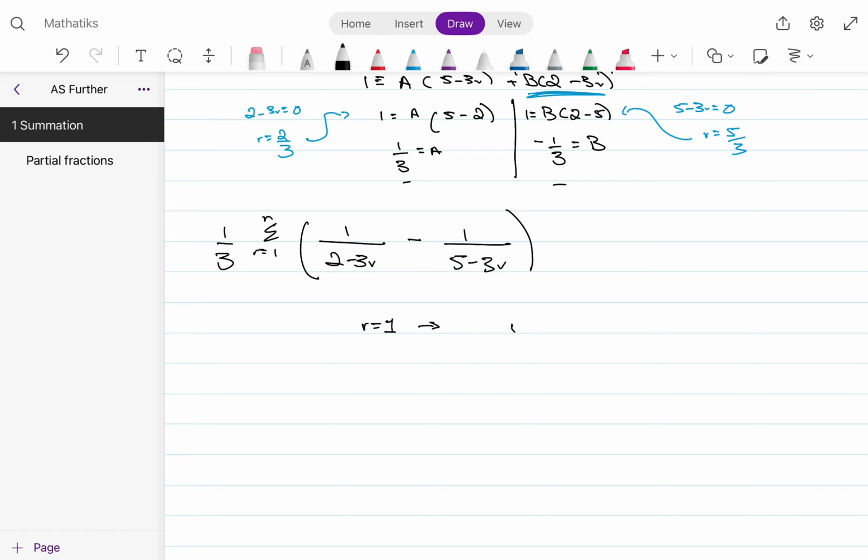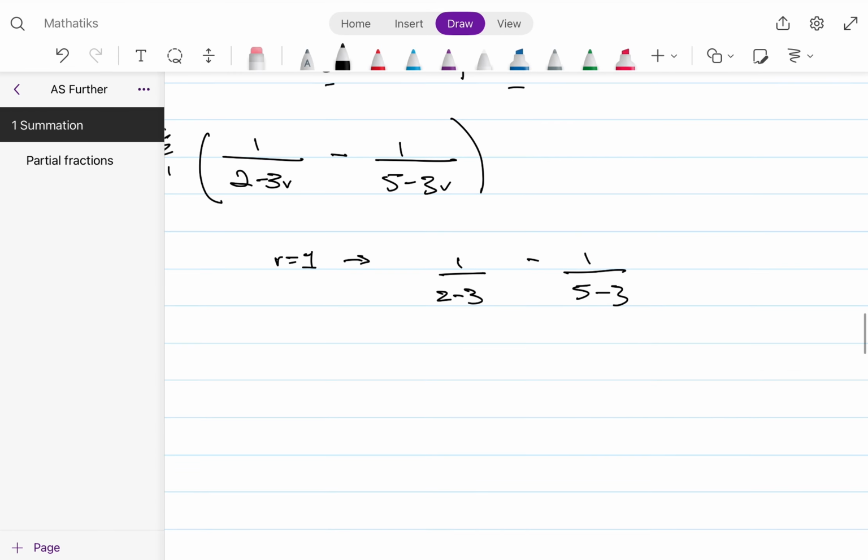So when r equals 1, this is 1 upon 2 minus 3 minus 1 upon 5 minus 3. When r equals 2, we have 1 upon 2 minus 6. Wait, sorry, I'll just write these. So 1 upon 2 minus 3, 1 upon minus 1, minus 1 upon 2, and 1 upon minus 4, minus 1 upon 5 minus 6.